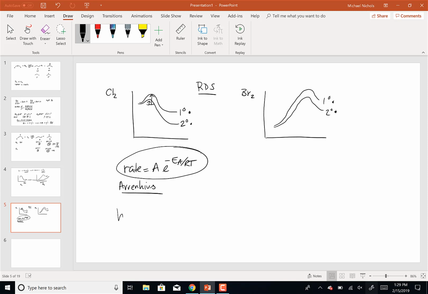Now, what happens at higher temperatures? The reaction goes faster. Actually, in these cases, all the reactions go faster. So what happens to the relative rates between those reactions? If you go to higher temperature, the rate difference is going to get smaller.